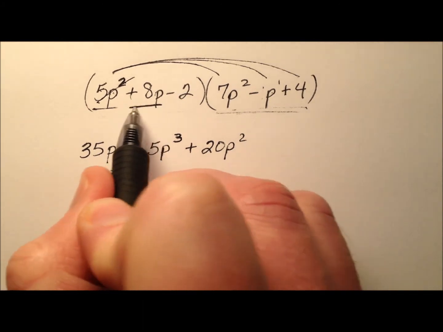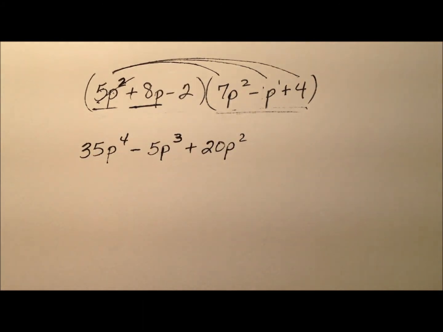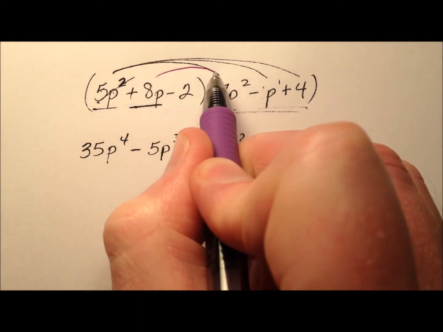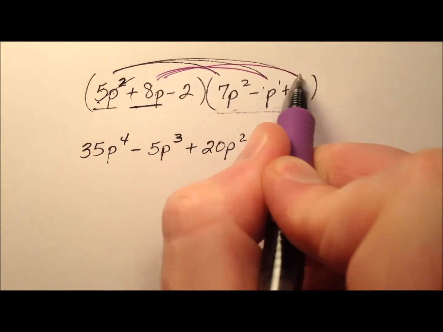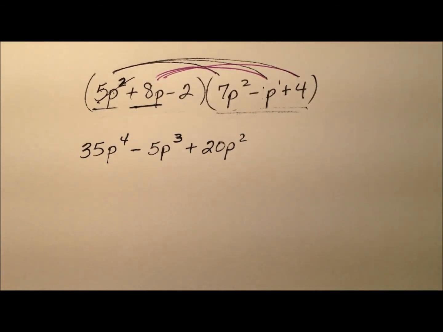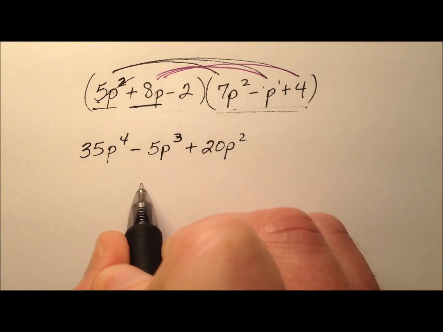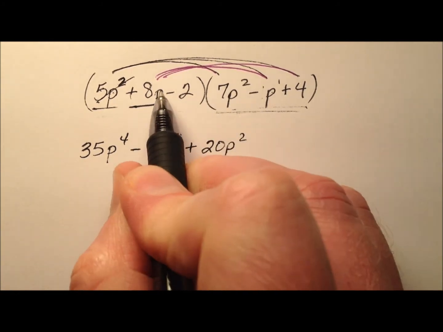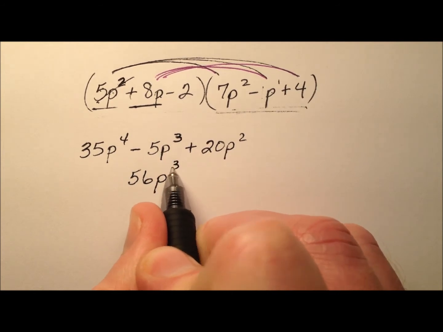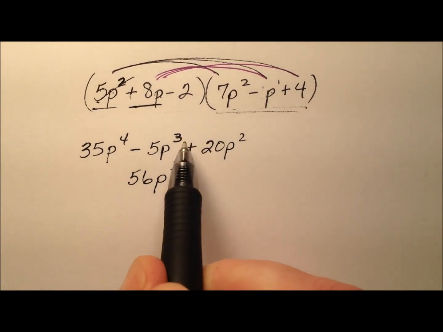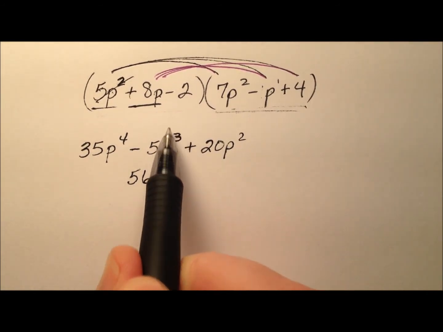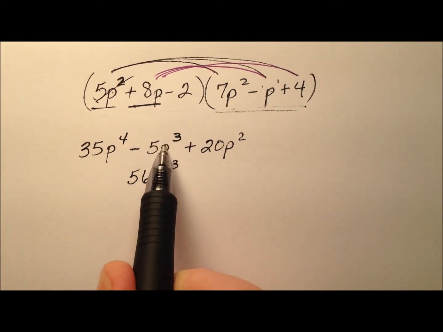So let's take this positive 8p, maybe in a different color, and we'll run this 8p through these three terms. So when we do that, 8p times 7p squared, 8 times 7 is 56, and then p times p squared is p cubed. And you'll see maybe immediately what I'm doing: I'm lining up vertically these like terms.